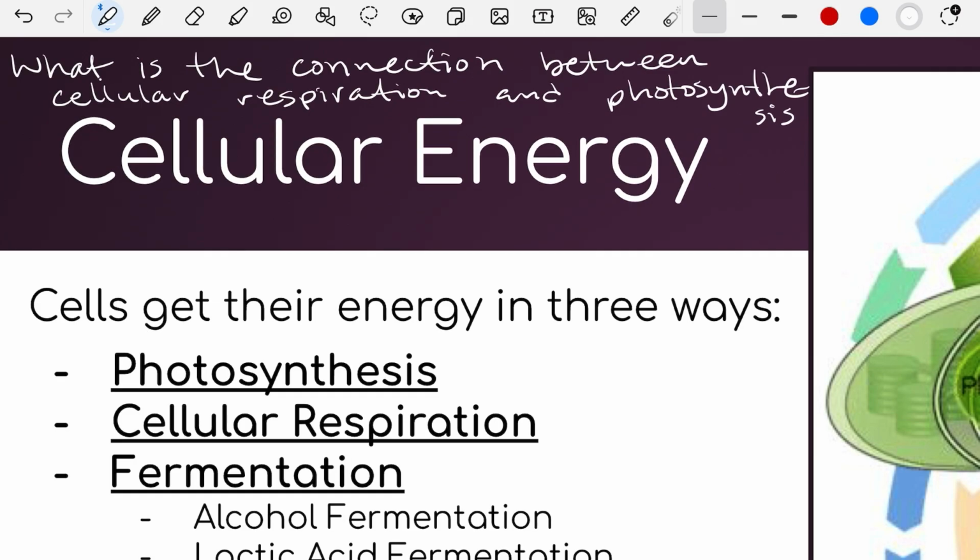Right? What's the connection between cellular respiration and photosynthesis?